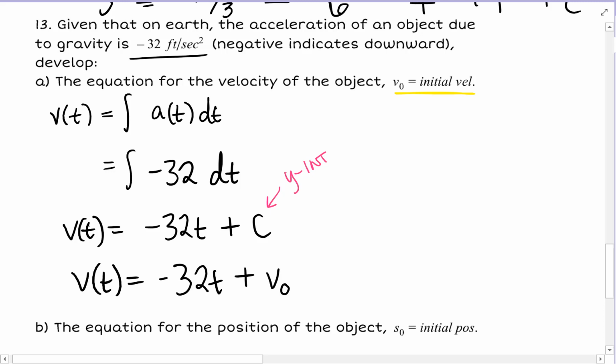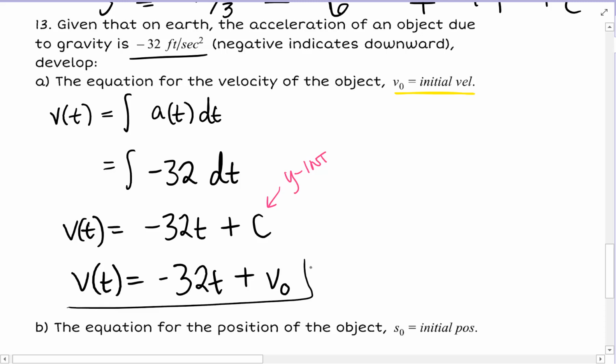Who knows what that is? In this case, this is just a general form, so we don't know what the initial velocity is. But c, the constant of the integral, in this case can be more accurately represented by v sub 0, the initial velocity, because this is the velocity equation.